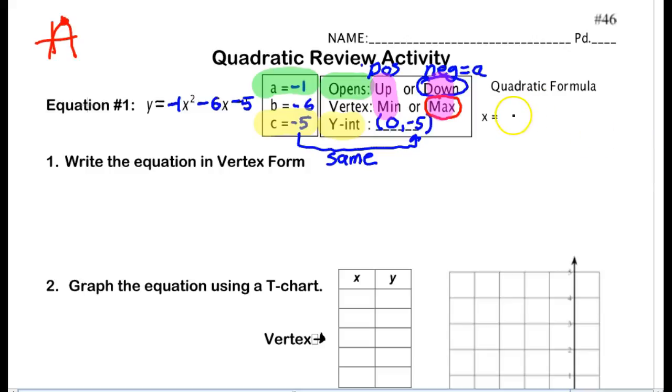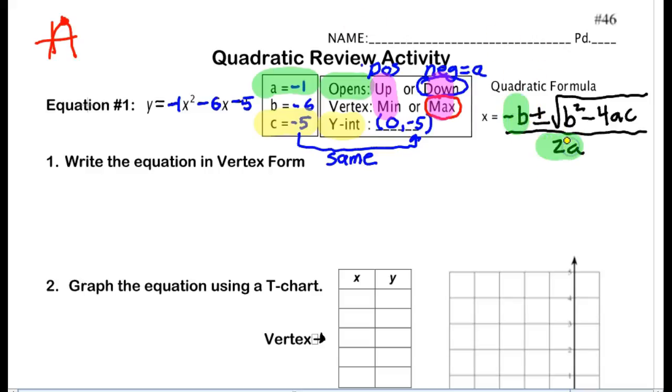Then we have the quadratic formula. We have -b plus or minus the square root of b squared minus 4ac, all over 2a. And again, this is comprised of 2 smaller formulas.